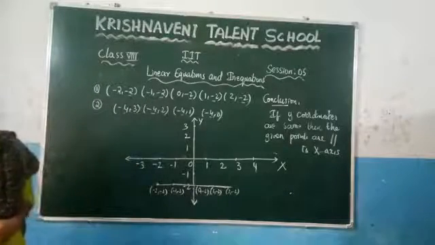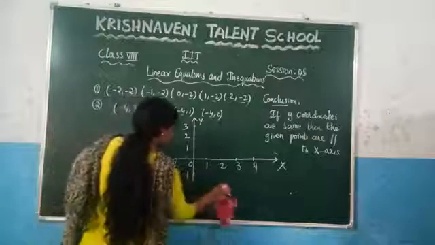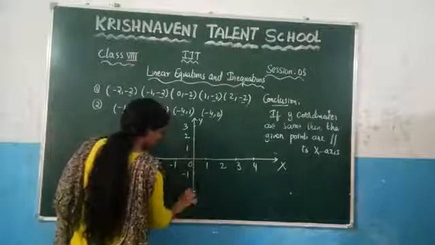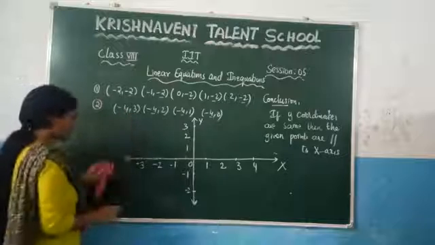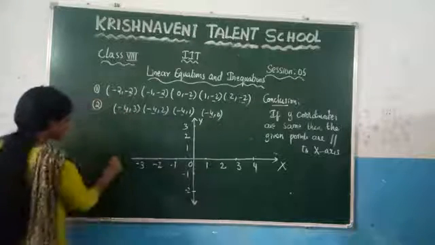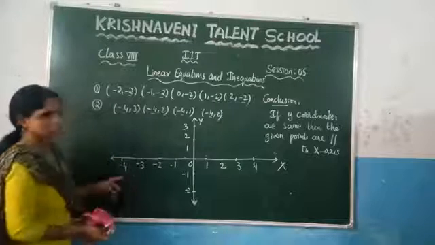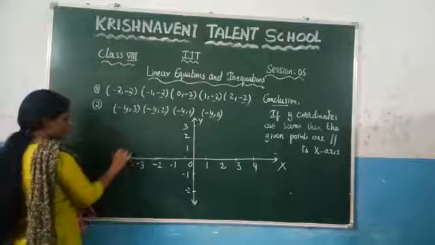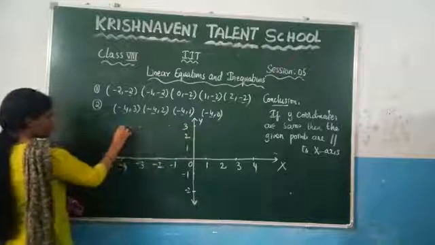So let us mark these points. (-4, 2): where is -4 on the x-axis? It is not there, so I am extending it. (-4, 3): this is -4 and this is 3, so you will get the point somewhere around here.